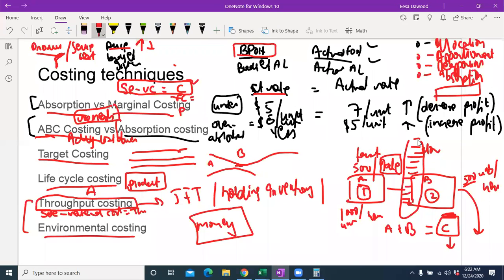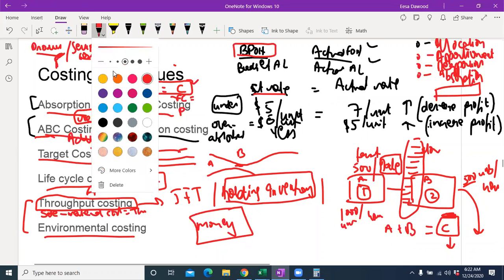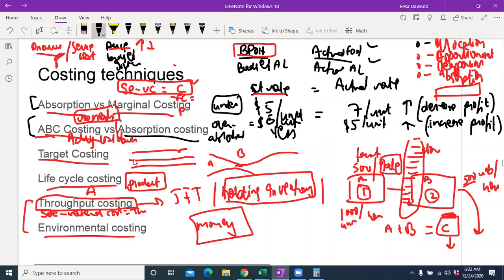And throughput costing discourages inventory. Only inventory for a bottleneck machinery can be kept, but for a non-bottleneck machinery, the way to exploit the bottleneck is that the fast machinery needs to be stopped. Then only the process could be streamlined. And then what is our goal? Goal is to earn money.